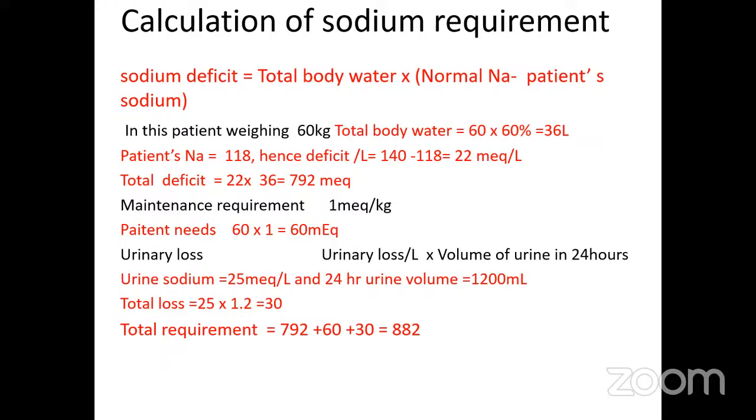That is, whenever you correct the requirement of sodium in a hypovolemic hyponatremia or with hypotonicity, you have to take into consideration 3 factors. You have to correct the deficit, which should be slow. You have to give the maintenance requirement. You have to also replace the sodium that is lost in the urine.